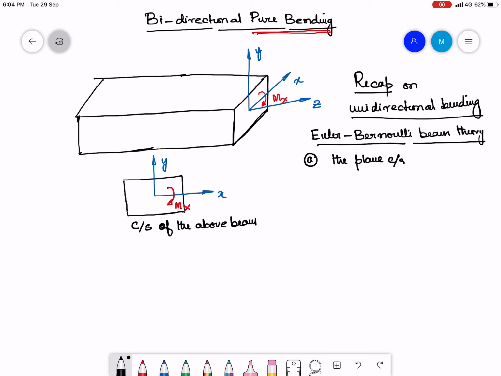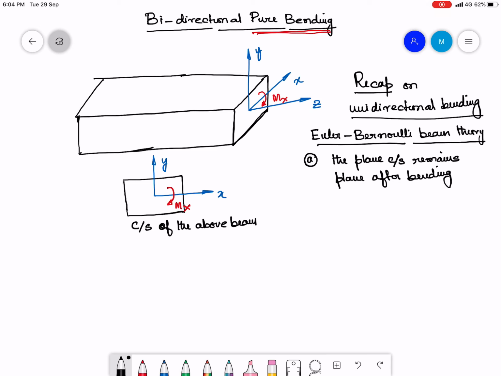So, the first assumption is that the plane cross section remains plane after bending. The cross section that is plane before bending, the rectangular cross section in this case, is going to remain plane even after bending.